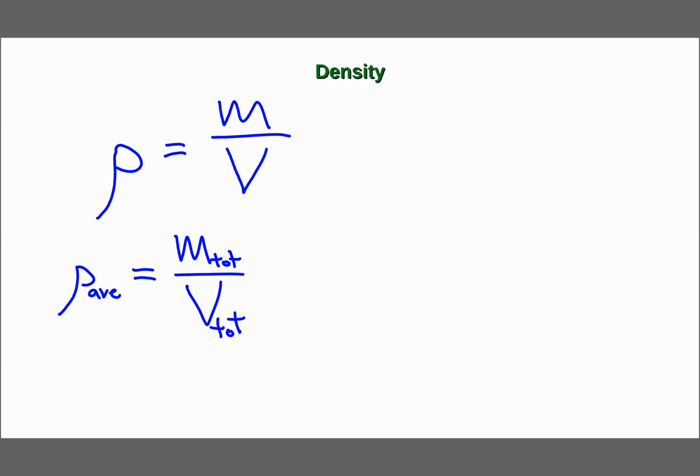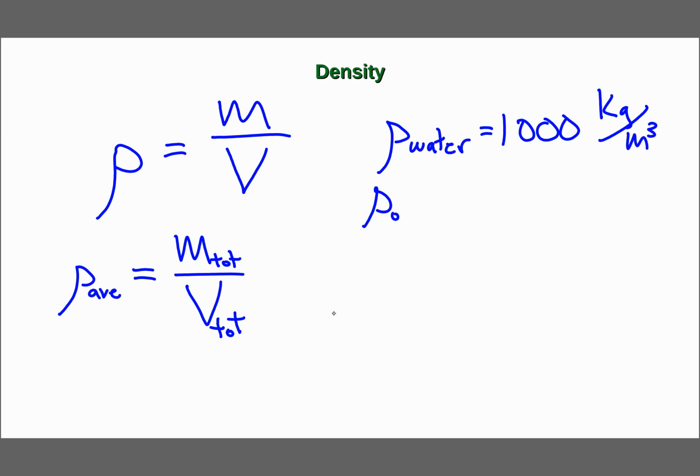As I mentioned before, liquids can only be compressed by the tiniest of amounts. So liquids, for our purposes here in classical mechanics considerations, are generally effectively uniform in density based on the fluid. So water has a density of about 1,000 kilograms per cubic meter, and oil has a density of less than water.